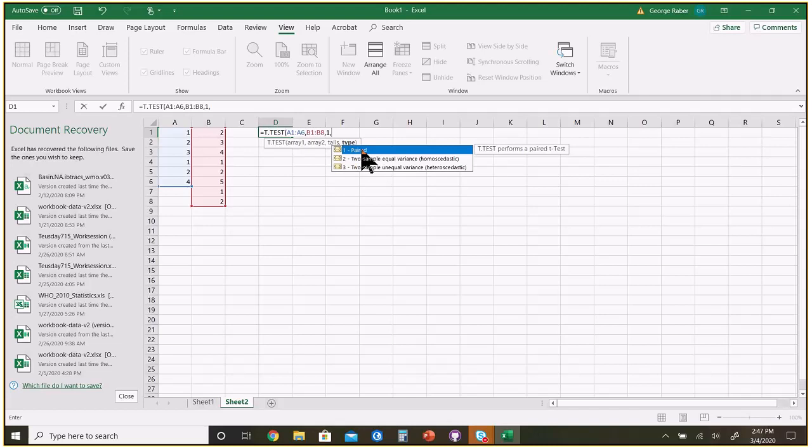And then finally, we have the type. We're not talking about paired yet. We're talking about these two so far. Here we can specify whether we assume that our variances are equal or unequal. If we assume that they're equal, then basically it's going to pool the variances together, and that variance value will be smaller, and that'll affect the standard error.